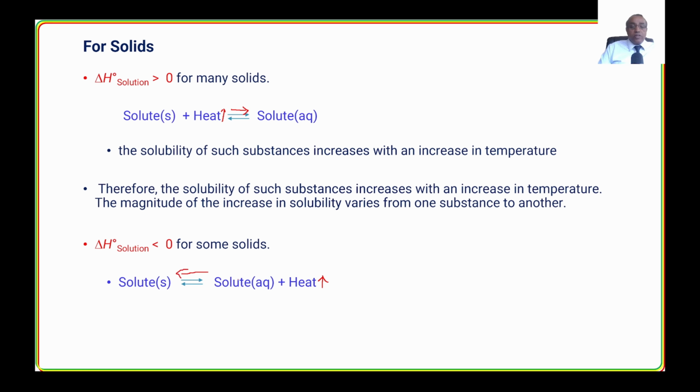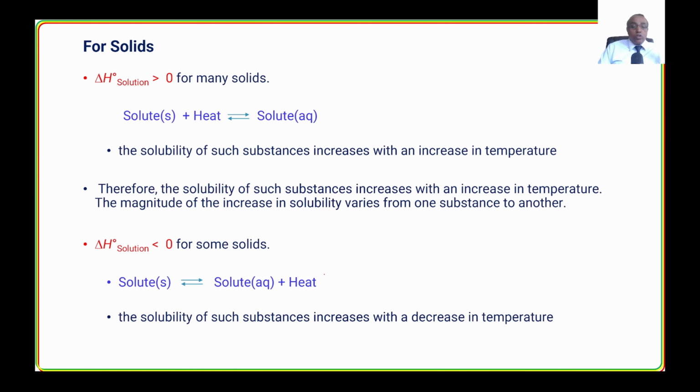What does that mean? Their solubility decreases. For endothermic processes, as temperature increases, solubility increases. For exothermic processes, as temperature increases, solubility decreases. To dissolve more solids for exothermic processes, you need to decrease heat. You can dissolve more solids by cooling or by removing heat.